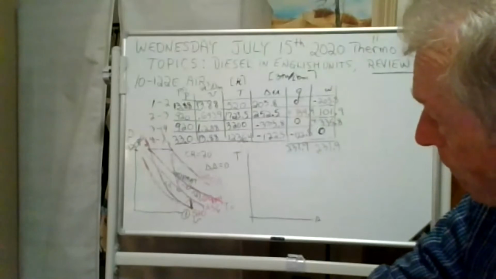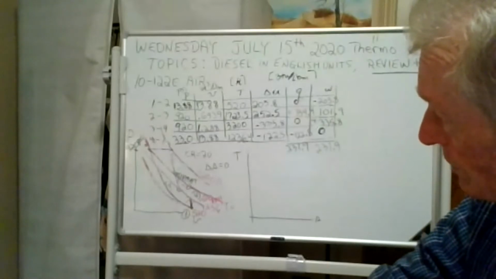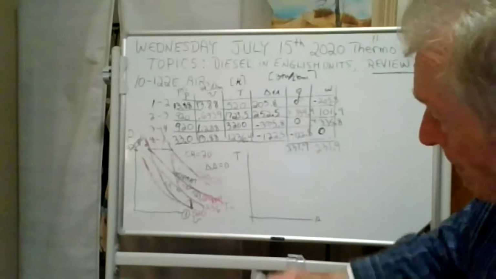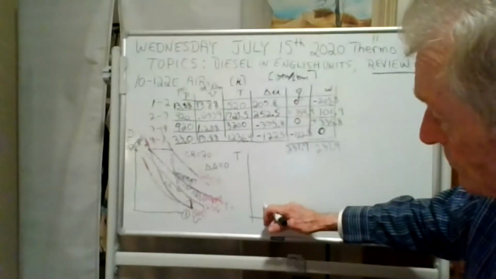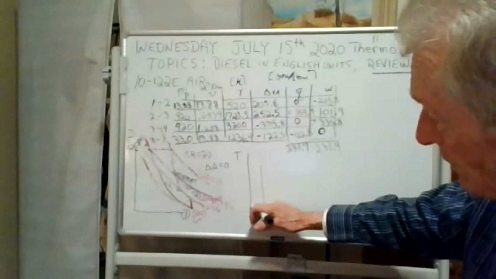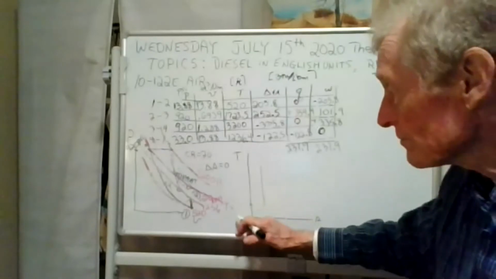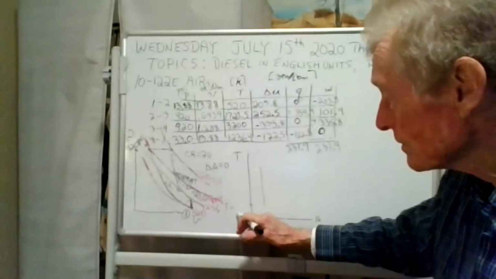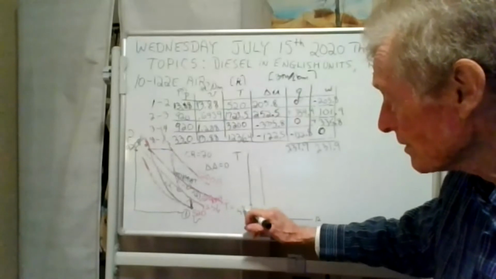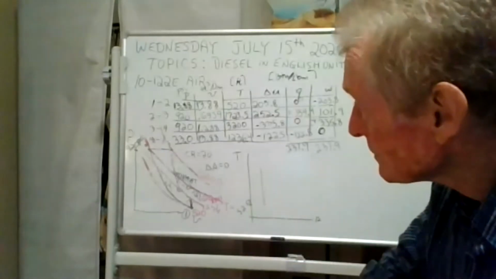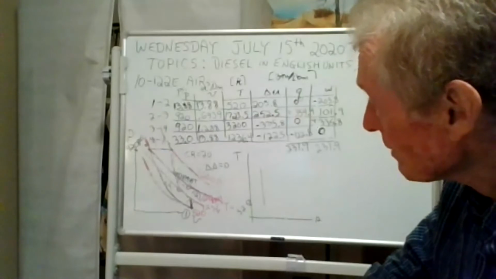Okay. Now, what does the temperature do? Well, the temperature goes straight up, looks like, from what, 520 to 920? Here, we'll put some, no, that's not right.